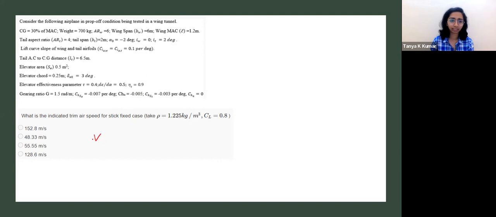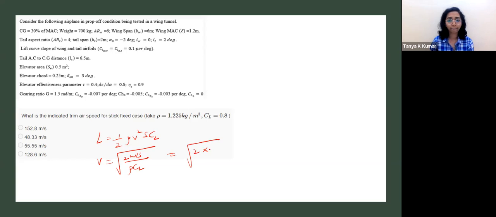Just take it directly, so the lift equation again: half rho V squared S CL. So V is the square root of 2W by S rho CL. Substitute the values directly and let me know.